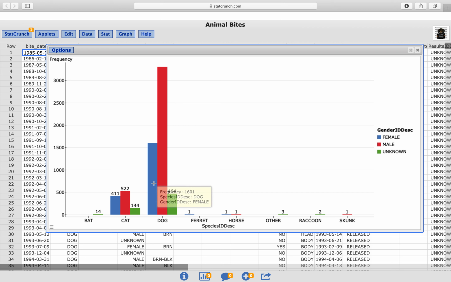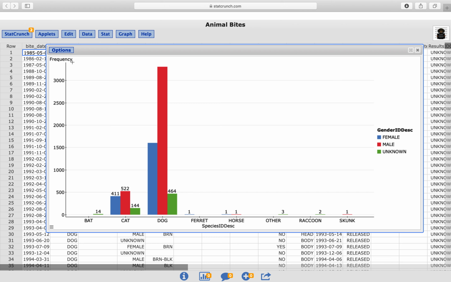When we go to the dogs, our dogs had 1601 that were female and 3307 that were male. So there were many more male dogs that bit than female dogs. Then you can see our ferrets, horses, raccoons, and skunks. These ones were pretty much even. We didn't know any of the genders on the bats.